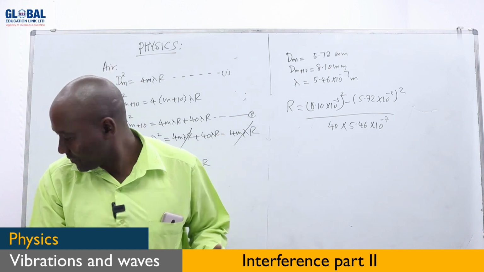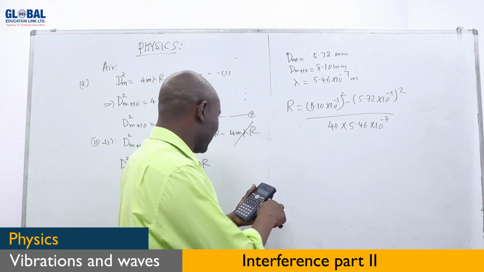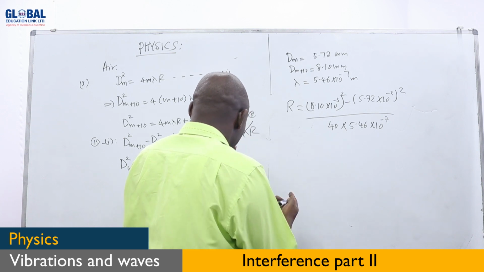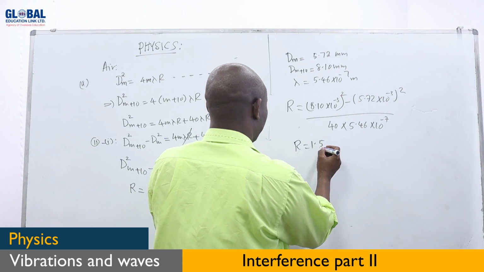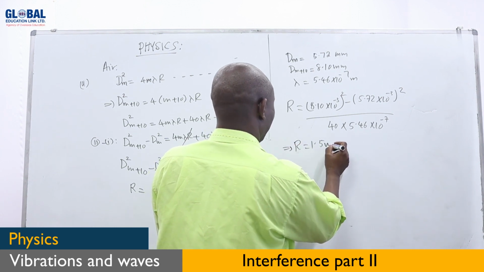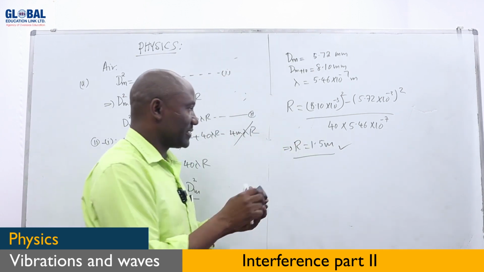What are you getting? You get something like 1.506. So R is 1.506, and that is the radius of curvature of the lens.